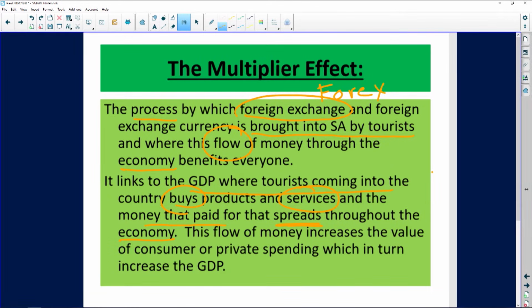The flow of money increases the value of the consumer or the private spending. That is where I refer to this person who's the waiter at the coffee shop having extra money now to actually be able to give to their kids, to pay for additional services and products, go shopping, and just have a wealthier life.